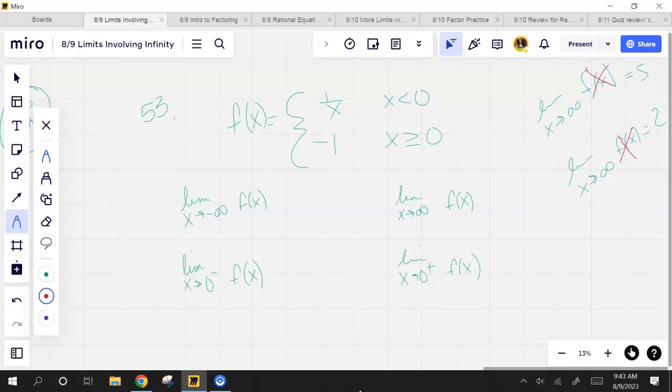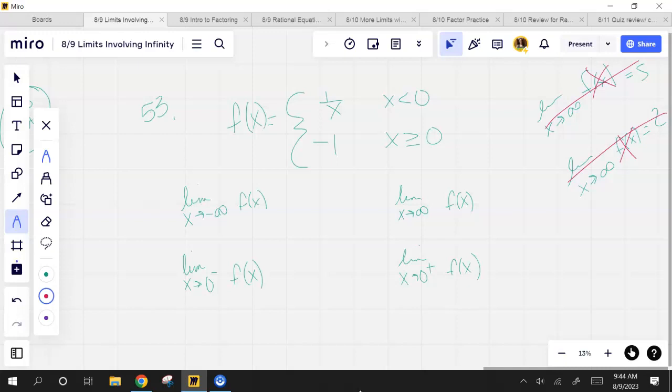Except what? Ooh, you're right. Yeah. All right, let's go to negative infinity first. Negative infinity, which equation am I referencing? The top equation, right?